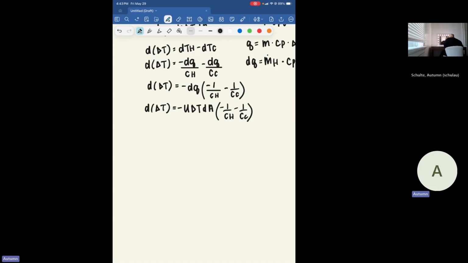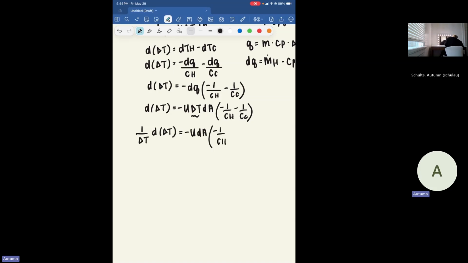So now what we can do is move our delta T term to the other side and integrate. So we're going to have 1 over delta T. The derivative of our change in temperature is equal to the negative overall heat transfer coefficient multiplied by our derivative of our cross-sectional area.